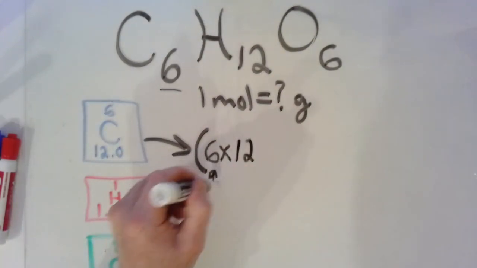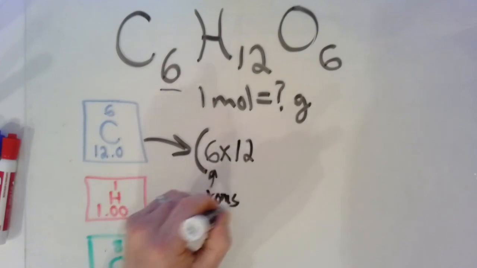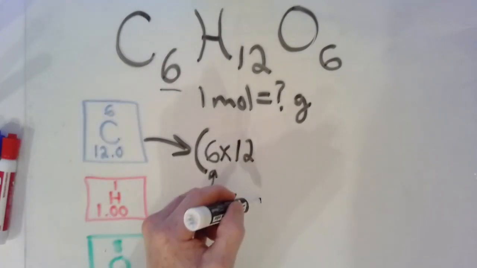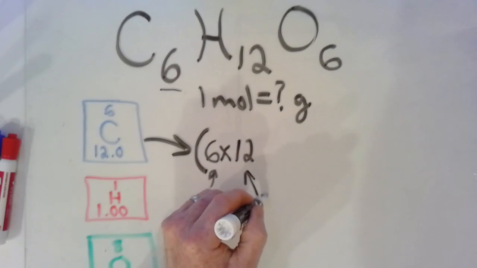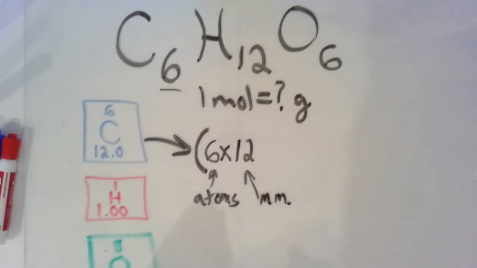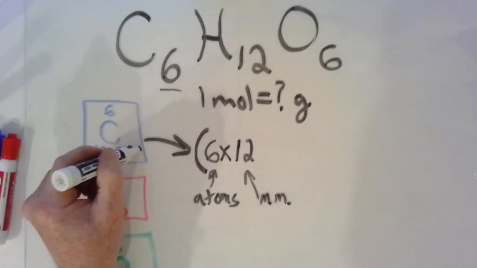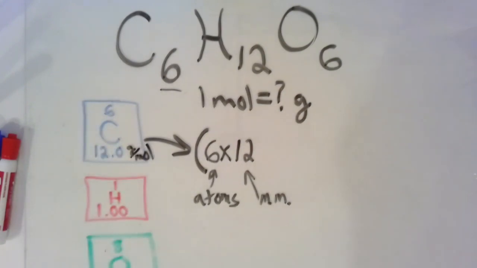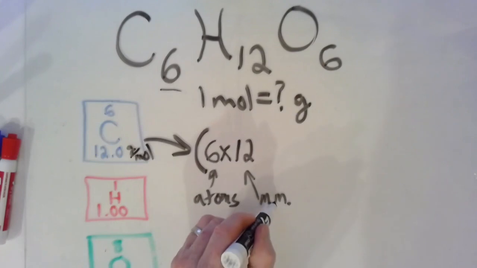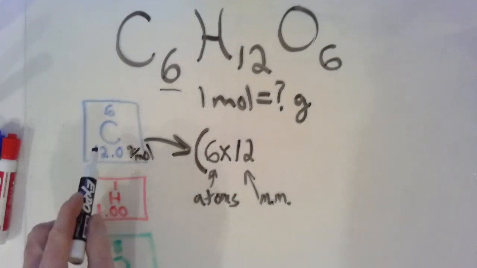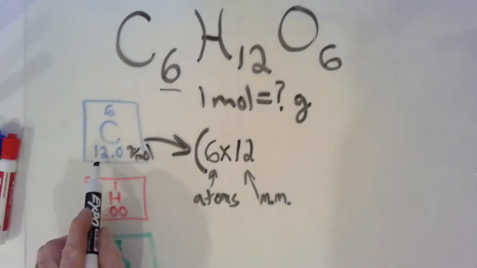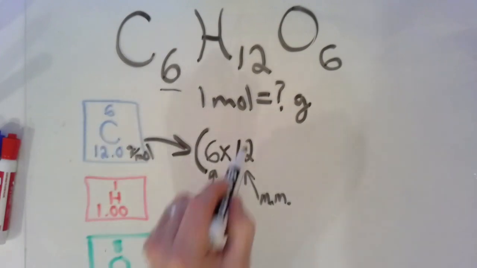So this tells me atoms from the compound, and this tells me molar mass of 1 of those atoms. So that comes from right here. Okay, the molar mass of carbon is 12 grams per mole, and there are 6 of them.